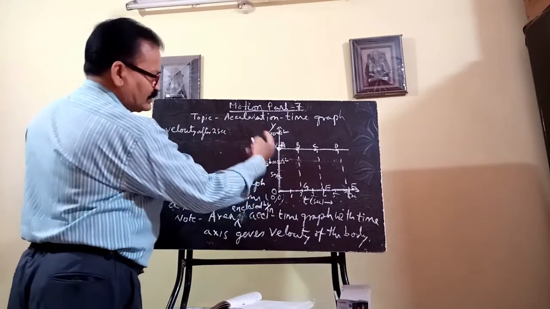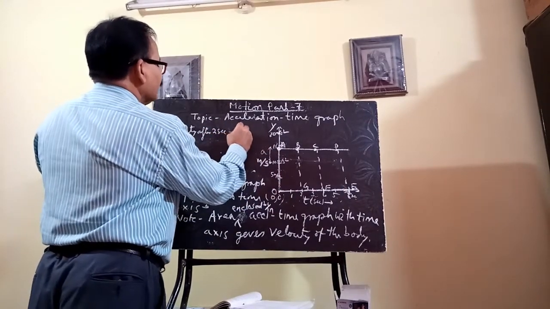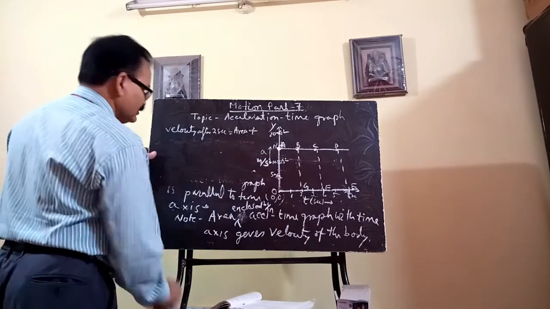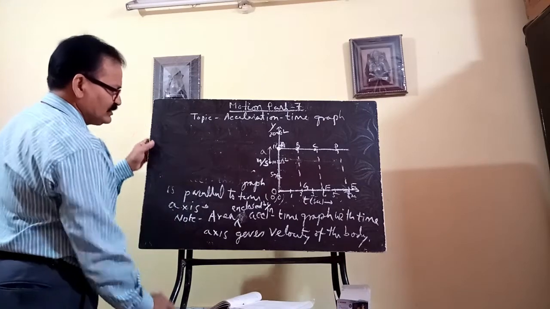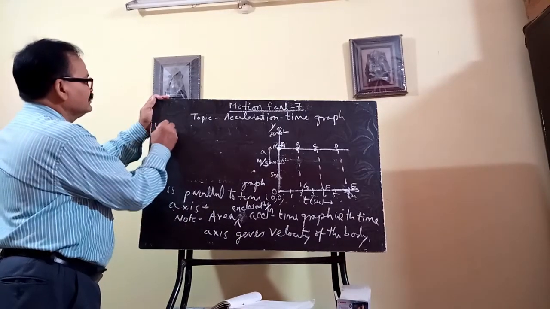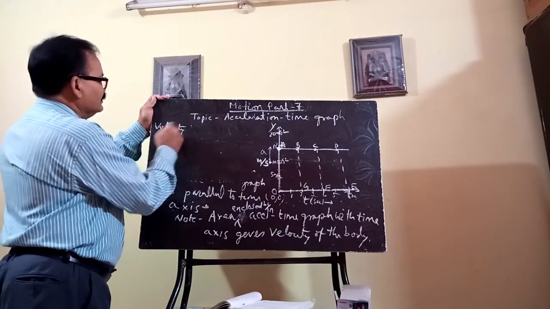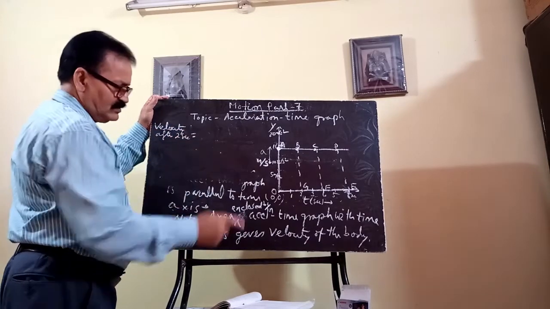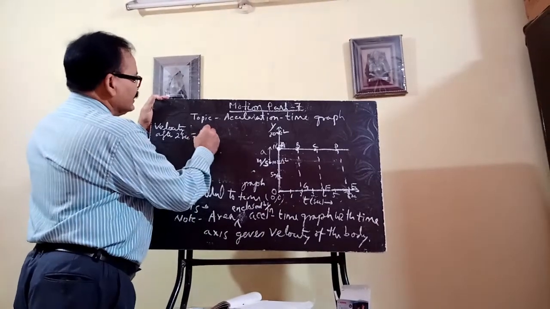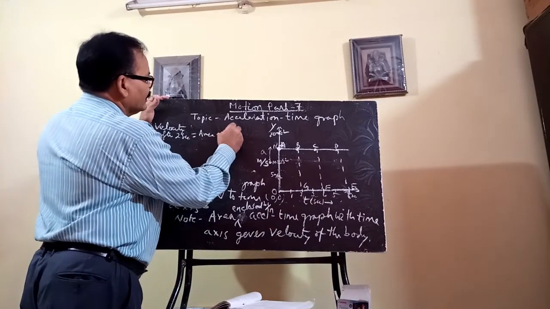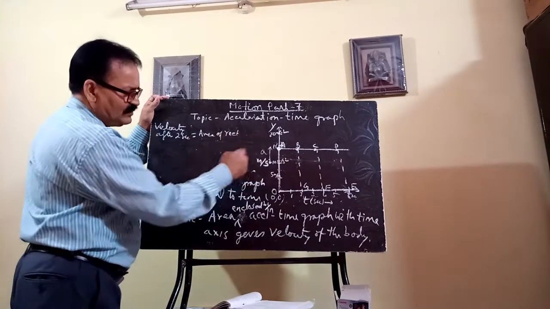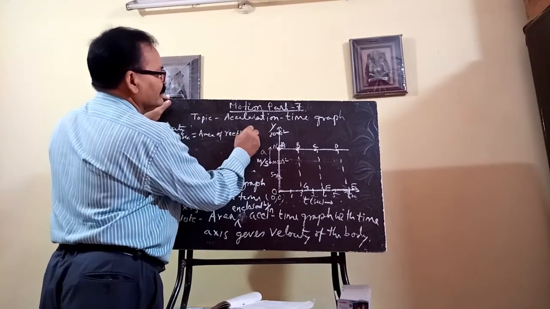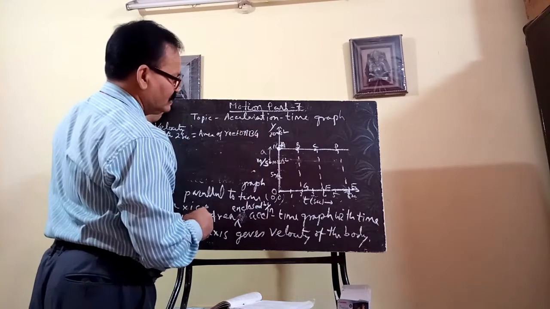Velocity after 2 seconds will be the area of rectangle OABG.